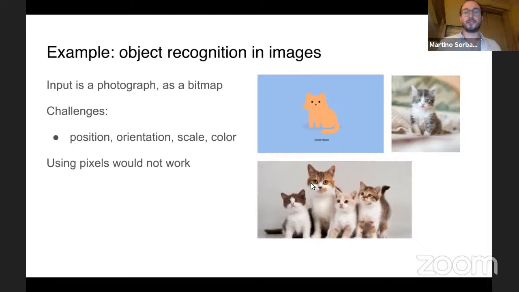It's difficult because you have to go from a representation of pixels, which are a bunch of numbers, because every number tells you the color of every pixel, to a concept, which is cat. And the thing is that the concept of cat varies a lot.